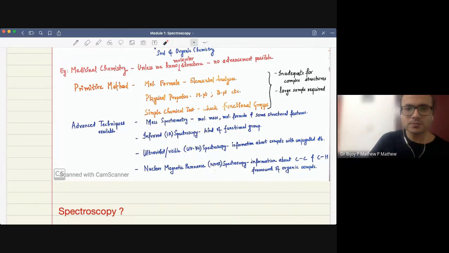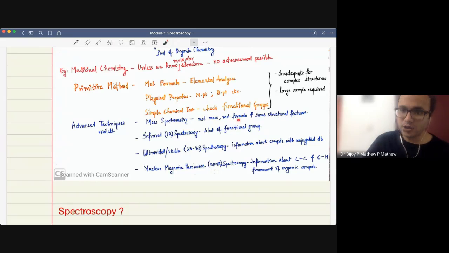Okay, so mass spectrometry. What is the use of mass spectrometry? By using this particular technique, you can easily find out the molecular weight, or molecular mass to be exact, and also the molecular formula. Once you get the molecular mass, you can easily find out the molecular formula. There are certain techniques that we use to determine the molecular formula.